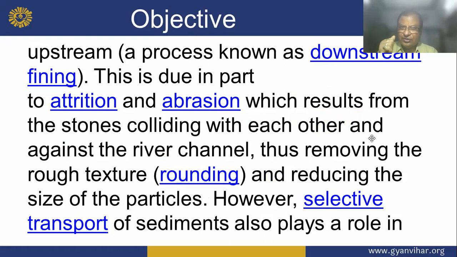This is due in part to attrition and abrasion, which result from the stones colliding with each other and against the river channel, thus removing the rough texture, rounding, and reducing the size of the particles.